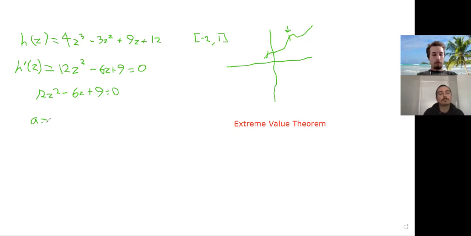We're going to have to use the quadratic equation again. A is equal to 12. B is equal to -6. And C is equal to 9. So we're going to have to use the quadratic equation again. And the quadratic equation doesn't change. It's just something you'd have to memorize.